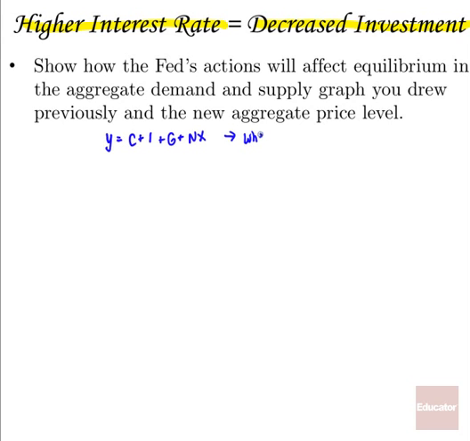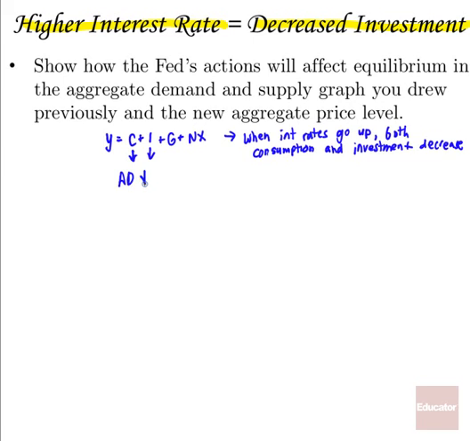So when interest rates go up, both consumption and investment are going to decrease. So what you have here is this goes down, so aggregate demand is going to decrease here.